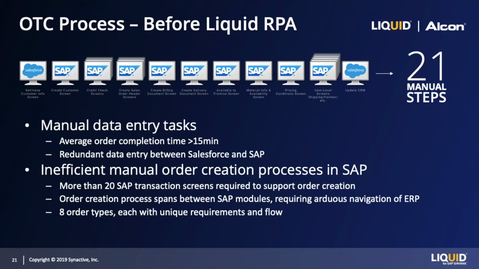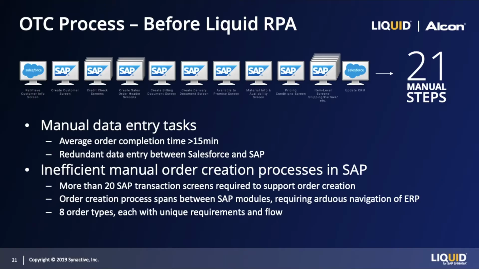And so let's dig a little bit more into the actual process itself. This was ultimately a snapshot of what Alcon was experiencing before Liquid UI RPA. As you can see, the process itself in many instances was taking in excess of 15 minutes, so exceedingly long.